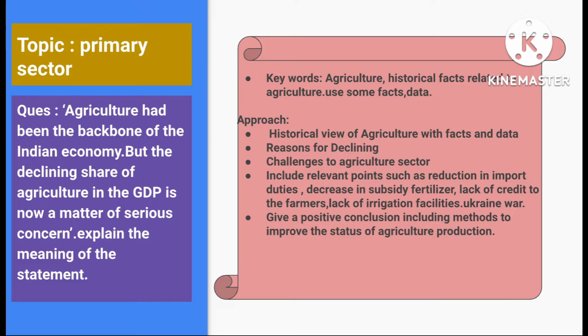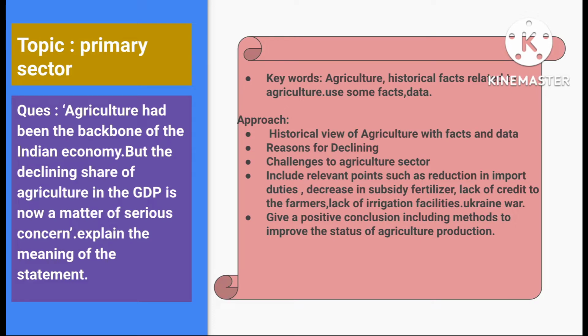And the approach here is that we need to look at the historical view of agriculture, and we also need to explain reasons for the declining share of the agriculture sector in the GDP, and the challenges that the agriculture sector is facing.